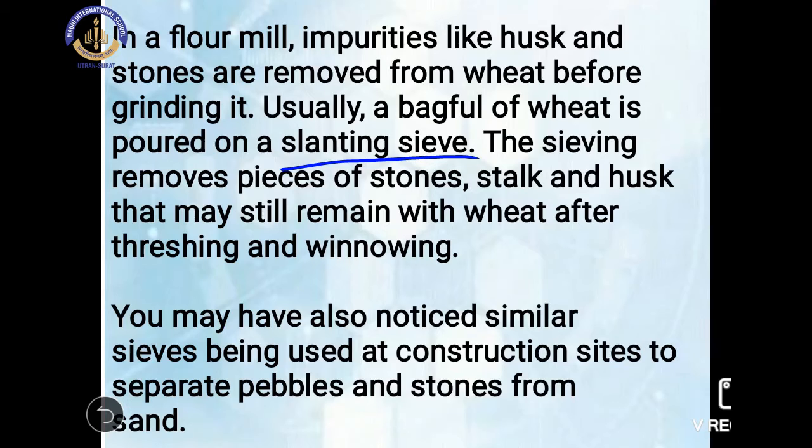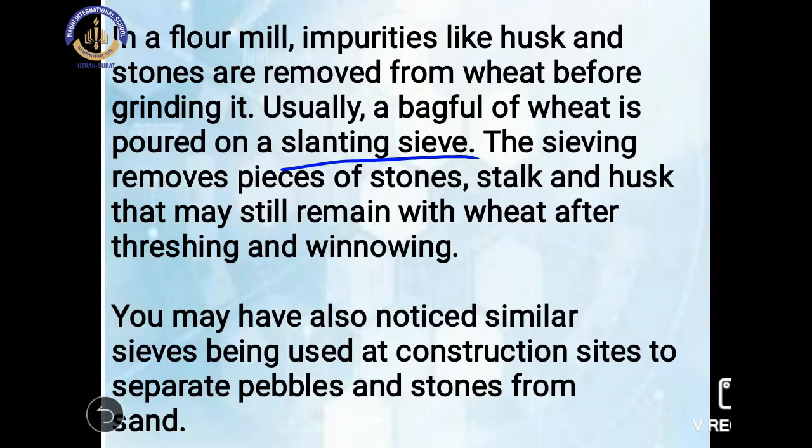By using a slanting sieve, we can remove impurities like stone, stalk and husk, whose particle size is much bigger than the particle of flour.